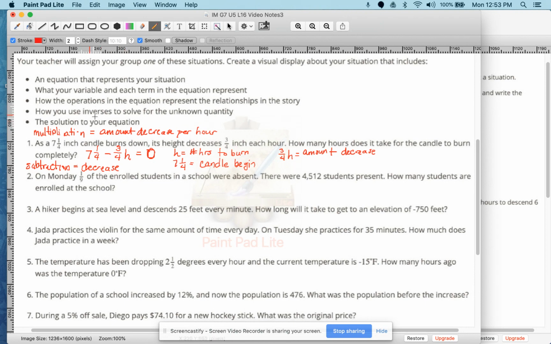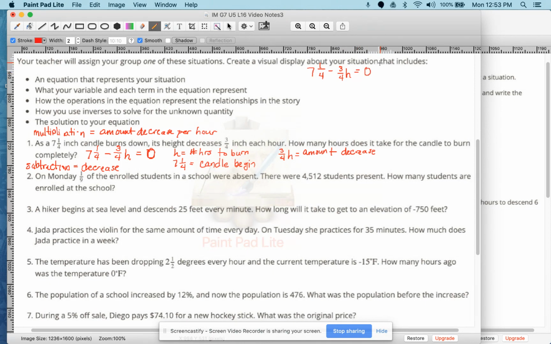Then they want us to know, how do we use inverses to solve the unknown quantity? Well, we need to solve the unknown quantity before we can show that. So I'm going to move up here and rewrite my equation. So I have 7 1/4 minus 3/4 of an hour equals 0.